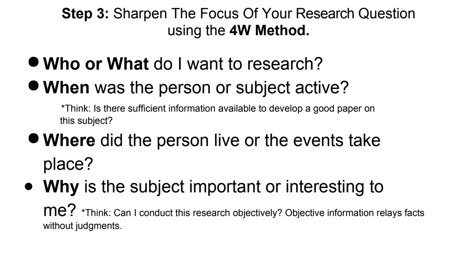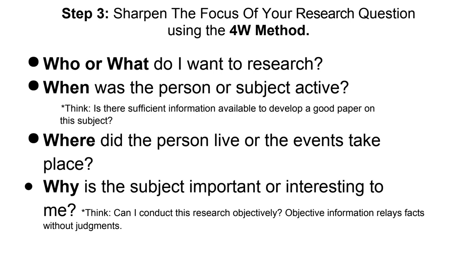Then next, is the subject important to me or interesting to me? The reason I'm saying that is because you want to make sure that you can conduct this search objectively. What does objectively mean? Objectively means, can I write this paper or find information that relies solely on facts and without judgment?